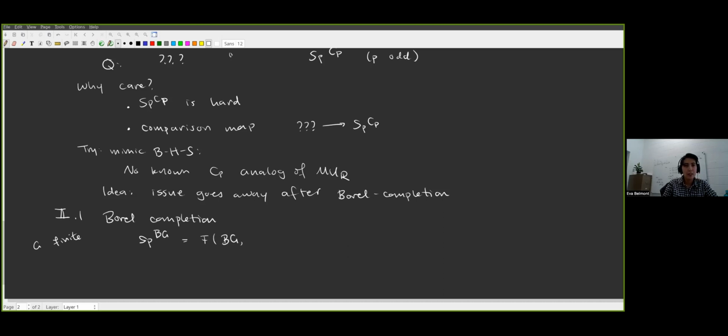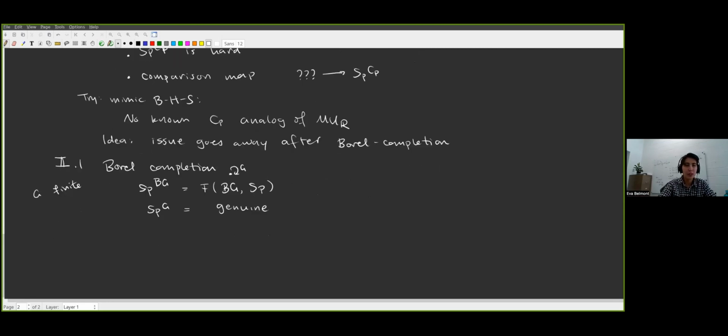I can write it this way: BG is the category with one object and G as its automorphisms. Usually what you care about is the genuine equivariant category, orthogonal G-spectra, and a good presentation of genuine G-spectra would be indexed on G-representations.